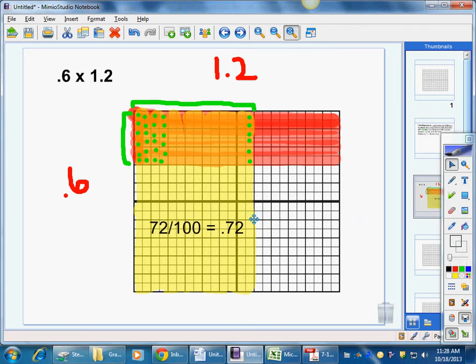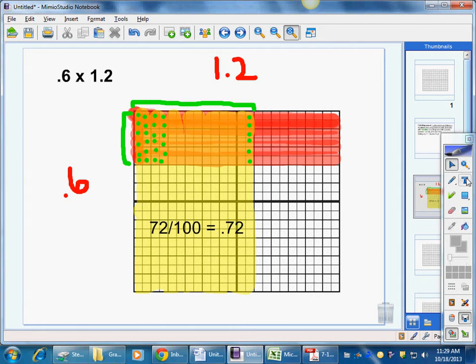So that's what my solution would look like. So I've modeled that for you. 0.6 times 1.2, reference here, 0.6, there 1.2. I've created my solution, 0.72.